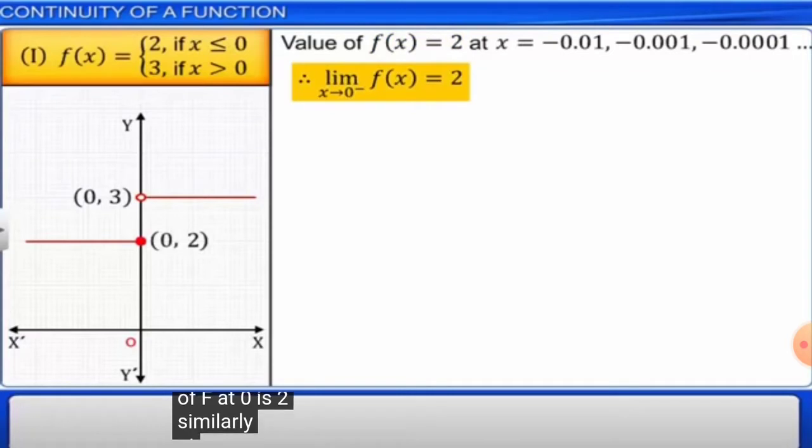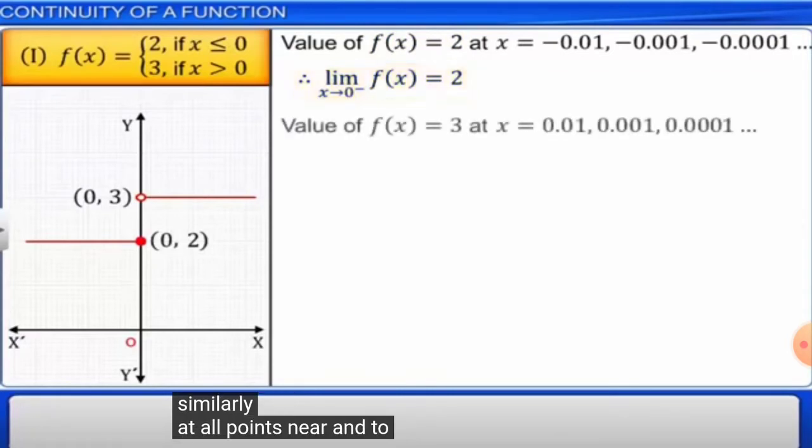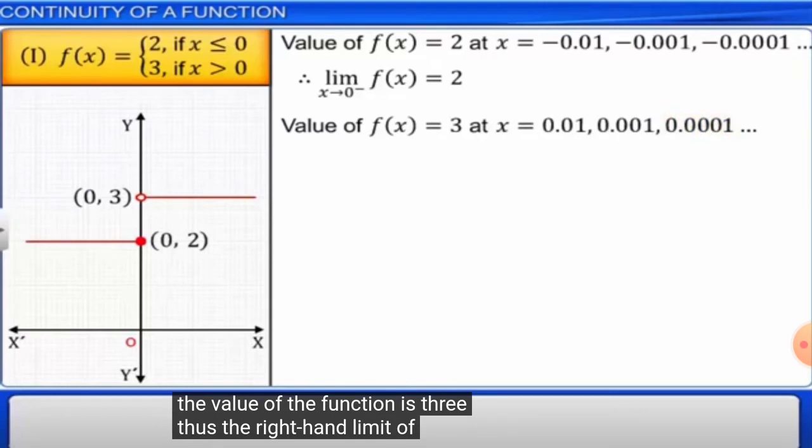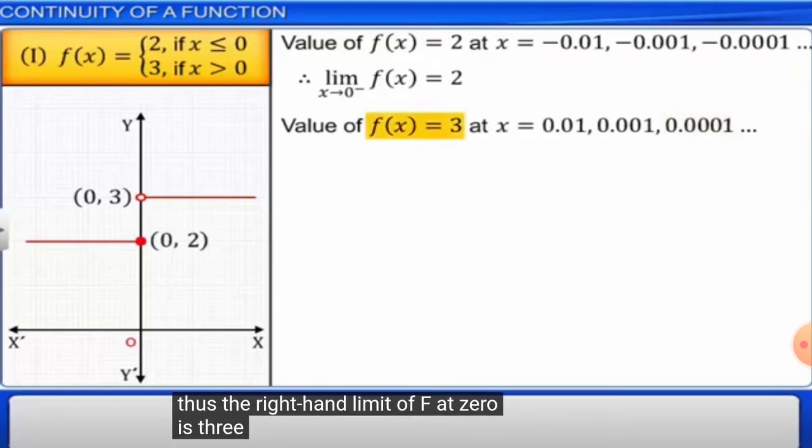Similarly, at all points near and to the right of 0, like 0.01, 0.001, 0.0001, and so on, the value of the function is 3. Thus the right-hand limit of f at 0 is 3.